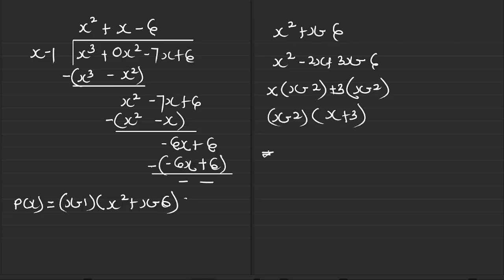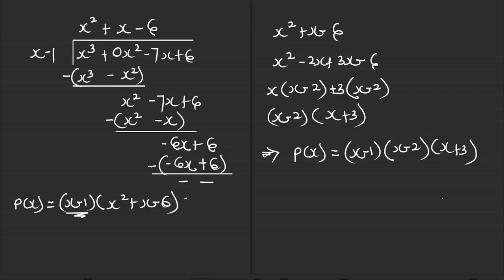So we come down here and say, therefore, our p of x, which we originally wrote here as this factor times the depressed polynomial, is going to be x minus 1. Then times, we are no more going to write the depressed polynomial in this state, but rather we are going to rewrite it as what we have here, which is an x minus 2 and then x plus 3.